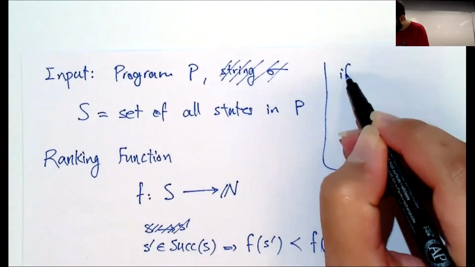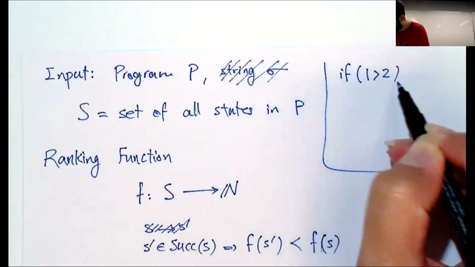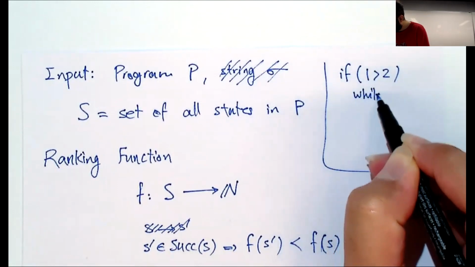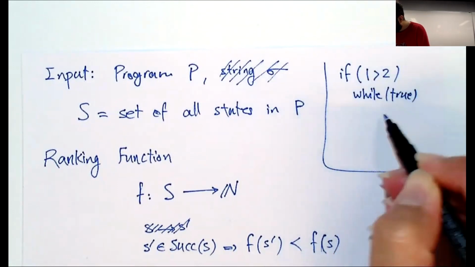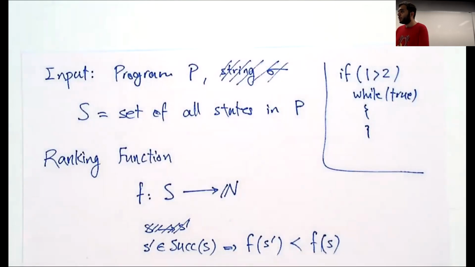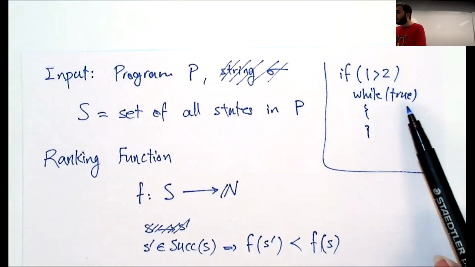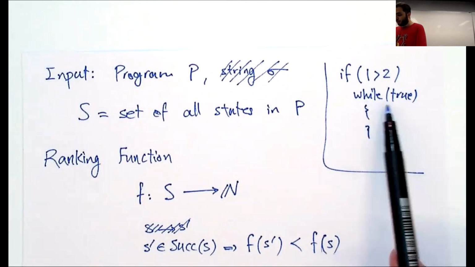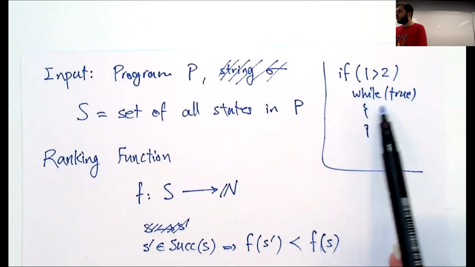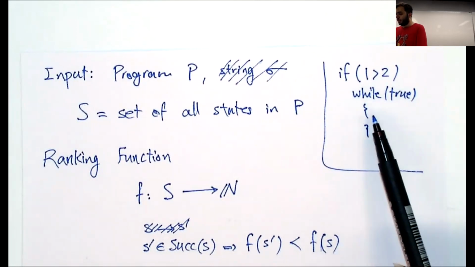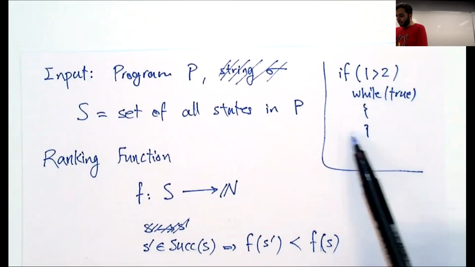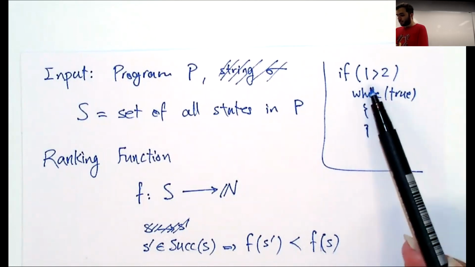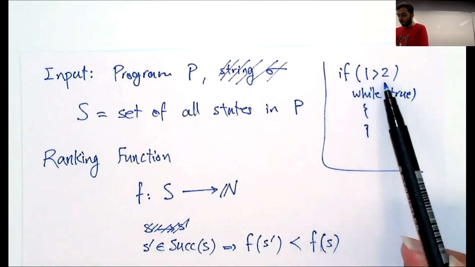If 1 is greater than 2, just go into an infinite loop. This program will not have a ranking function, because you cannot assign a value to the states here, since you come back to the same state over and over. But at the same time, the states that cannot be ranked are actually not reachable, because they're inside this if.